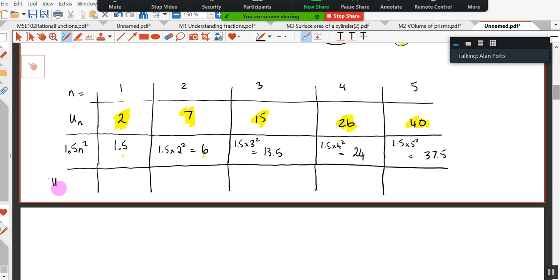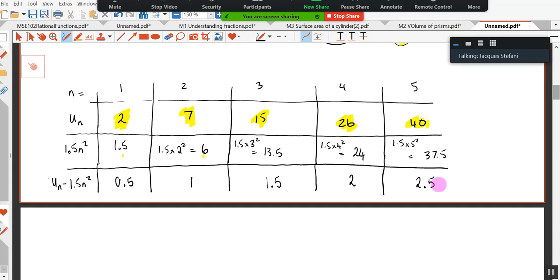So I'm going to do un minus 1.5 n squared, and I get the answer. Well, in this case, 0.5. In this case, it's 1. In this case, it's 1.5. In this case, it's 2. In this case, it's 2.5. Now, what do you notice about that?